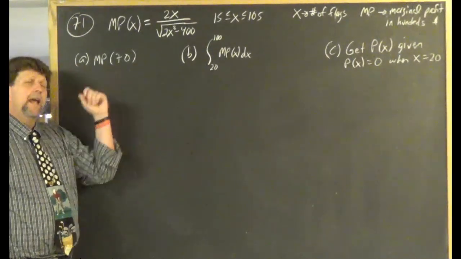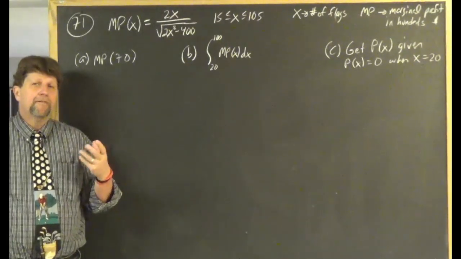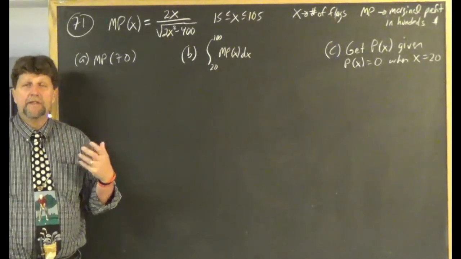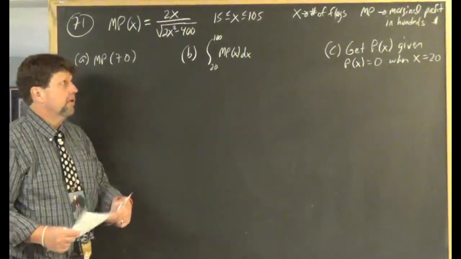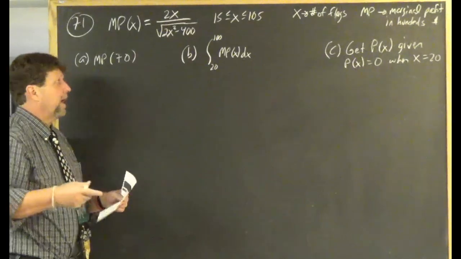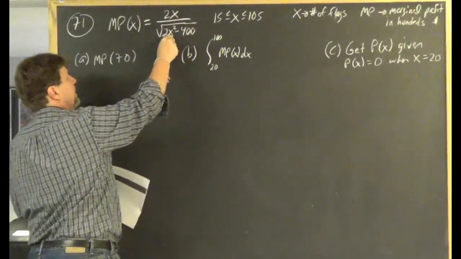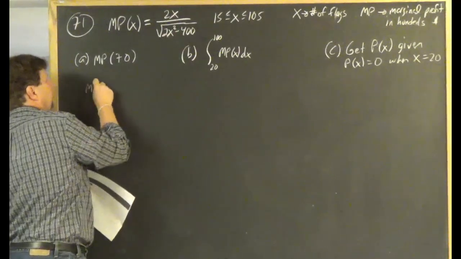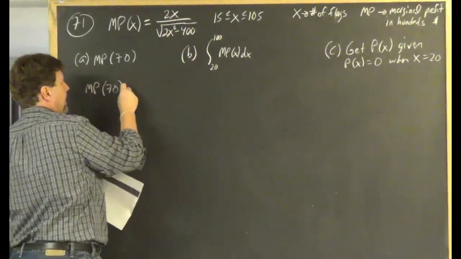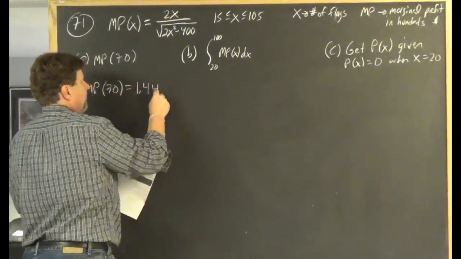So in part A, we were asked to pretty much evaluate the marginal profit at 70, when 70 flags are being produced and sold. So when we toss 70 in there, 70 comes in here for X, 70 comes in here for X. I used my calculator, and I got MP of 70 to be 1.44.